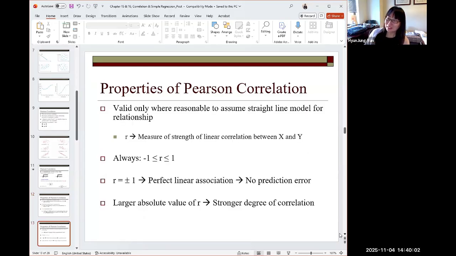Continuing, -1 and +1 represent a perfectly linear relationship. And regardless of the sign, negative or positive, if the absolute value of R is larger, then it's a higher degree of correlation.